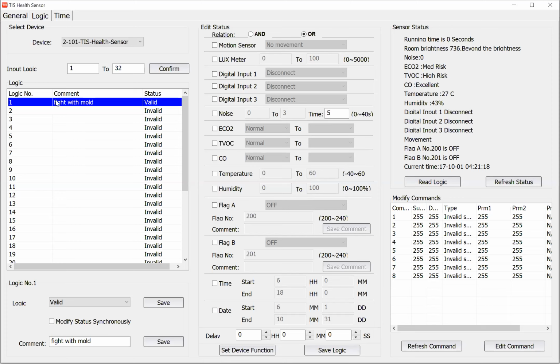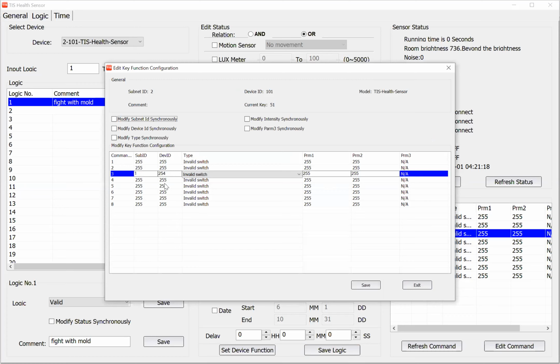Now here in the health sensor, I want to fight the mold. The first thing I want to program: if humidity is between 60% to 100%, then turn on the air conditioner.